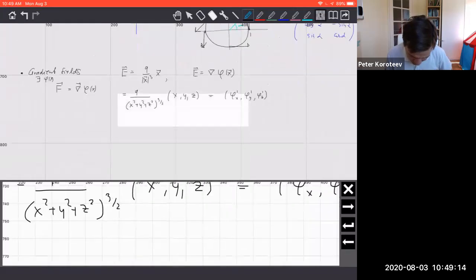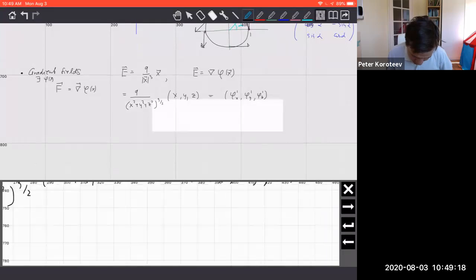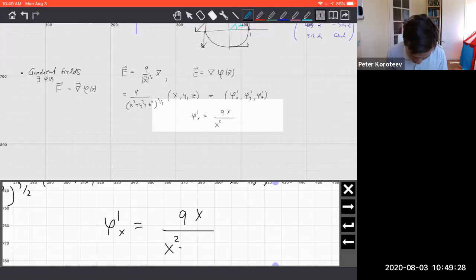So if you integrate that, in other words, phi prime with respect to x is equal to qx divided by x squared plus y squared plus z squared to the power 3/2. Let's integrate that to find phi, up to a constant of course, because potential and potential energy are defined up to a constant.